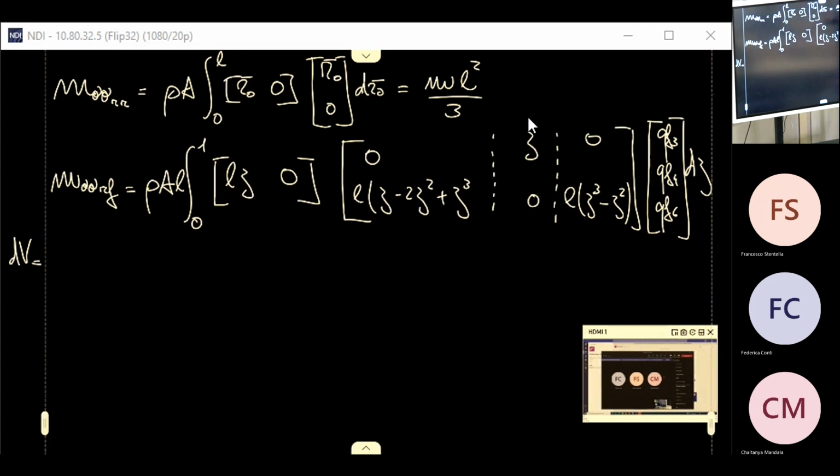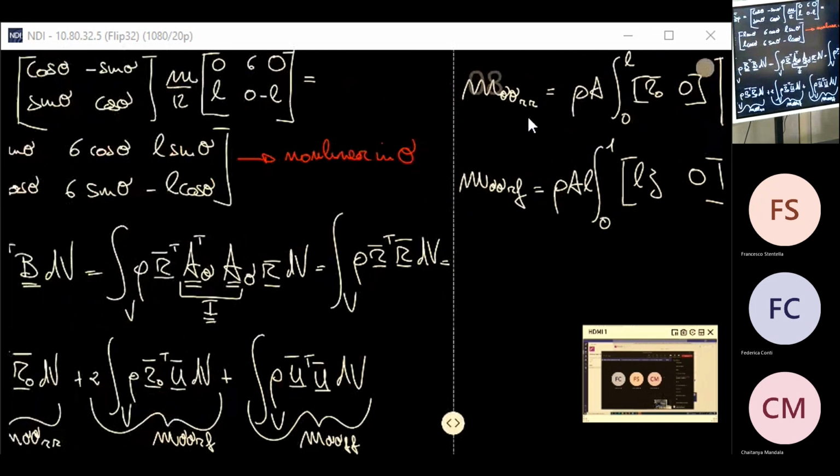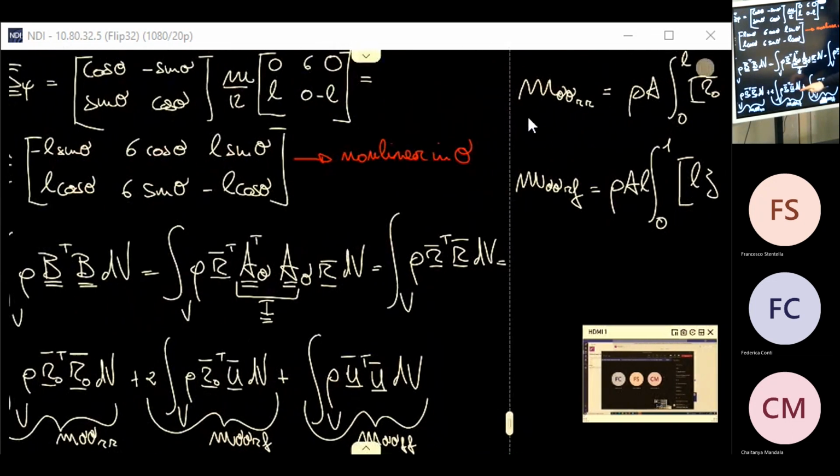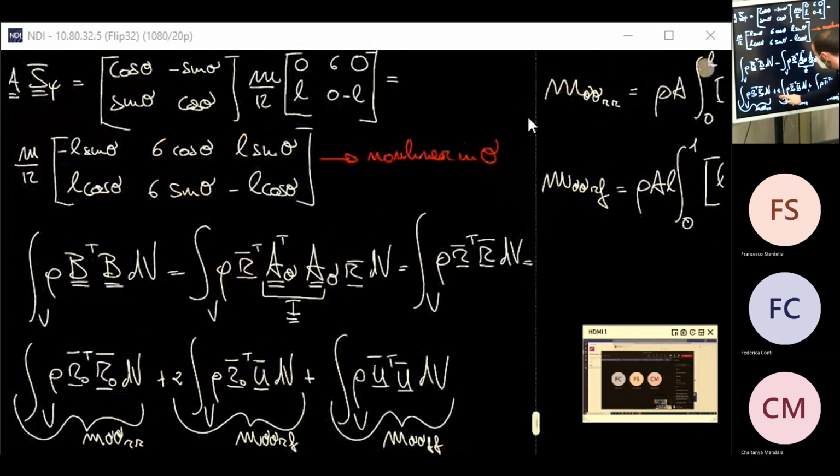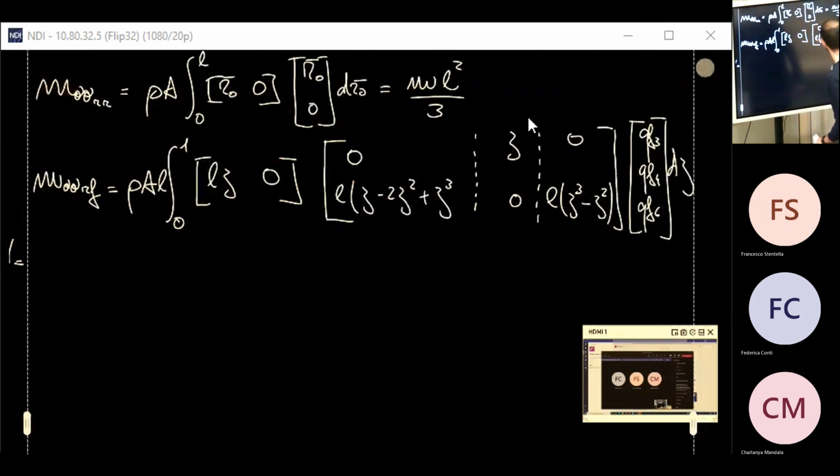Because again, as you can see here, in the previous slide, you have R0 transpose applied over U. And U, if you remember, is the combination of the shape matrix times the deformation coordinate. Yeah, let's do it like so. Okay.